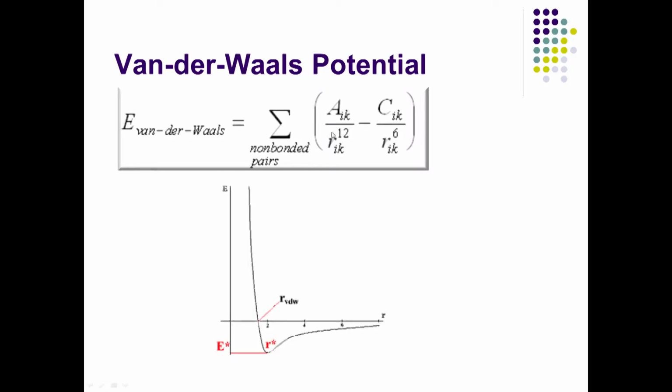So, now we know what we have to do. This is simple van der Waals, which is 1 over r 12 and 1 over r 6. Depending on different kinds of atoms or semi-empirical data, we can fit these A i k and C i k coefficients, and we can come up with argon, krypton, xenon, you name it.